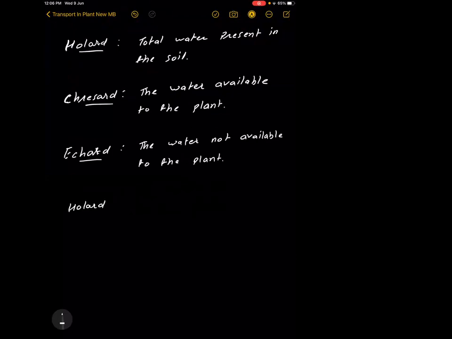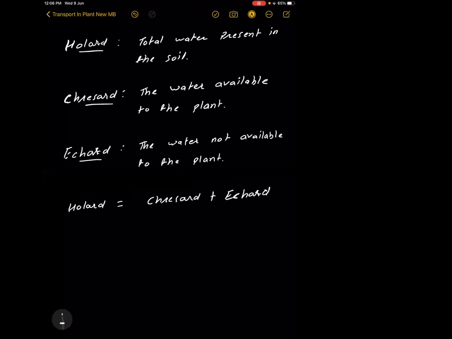Hollard means total water present in the soil. It is equal to available water, that is called Cressard, plus Ecard, the not available water.